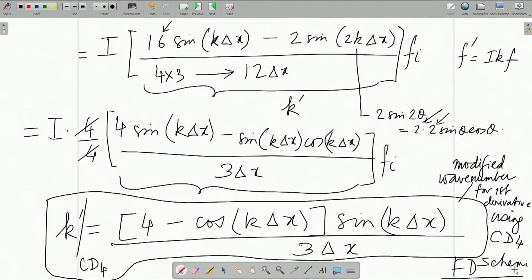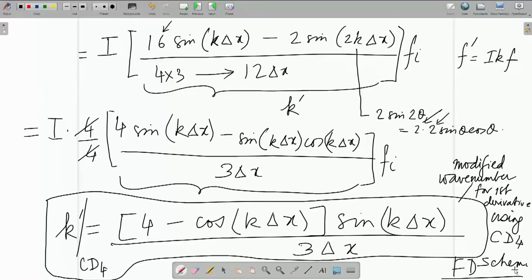So, we achieved our goal of obtaining the modified wave number expression for CD4 scheme, and now we still do not know how far these k dash expressions are from the analytical k that we were talking about, and we certainly need to plot and see how well they are doing. The CD2 scheme and CD4 schemes are doing for different values of k, because we already realized that there is a provision for accommodating different values of k.